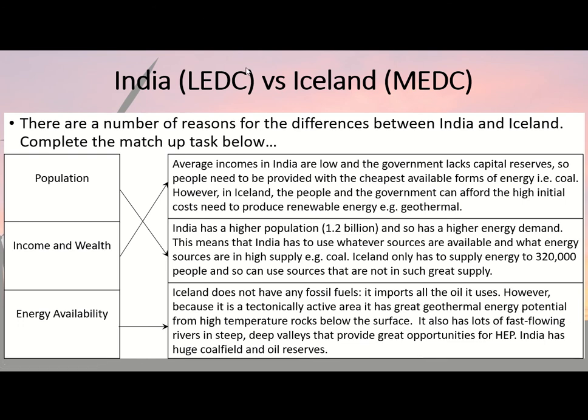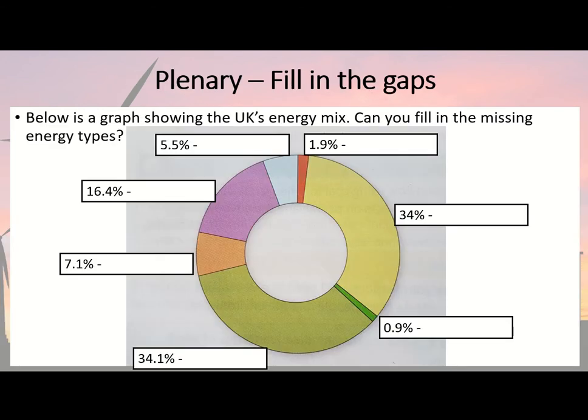So now we've got a good basis for not just specific countries, but also reasons why energy mixes vary. And to summarise the lesson, you can do this if you'd like, there's not a huge value in this, but you've got a definition of what energy mix is. You've got 3 countries, the UK, Iceland, India, where you've got specific examples, which I would like you to try and remember as much as you possibly can.